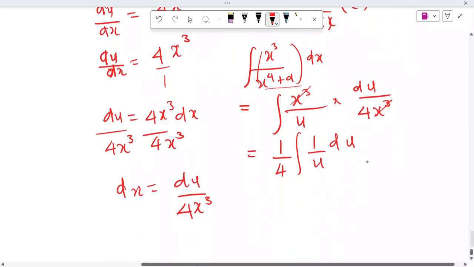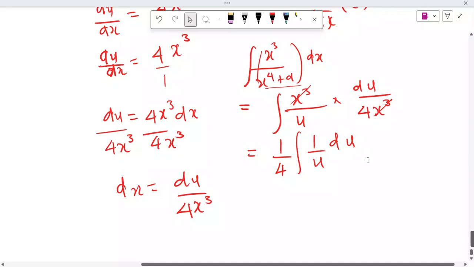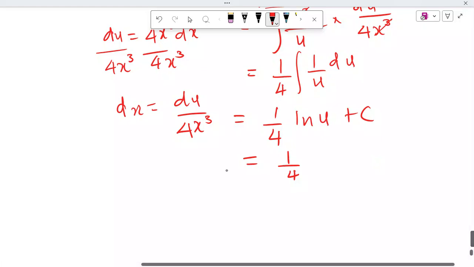Okay, so if you remember, 1 over a linear function integrates to the natural log of that linear function. So the integral of 1 over u is ln u, so we get 1 over 4 ln u plus c. This is the same as 1 over 4 natural log, and now we replace u. u is x to the power 4 plus 9, plus c.